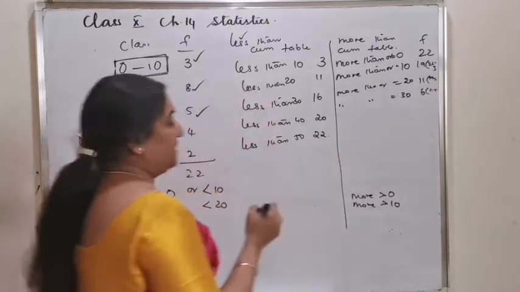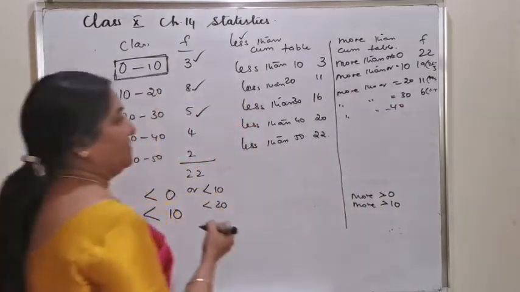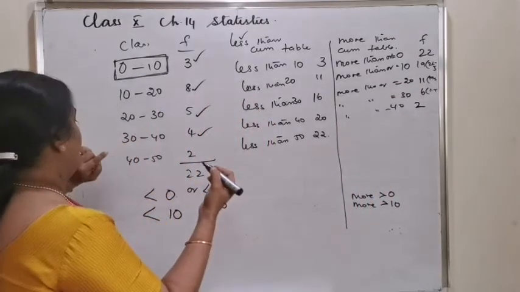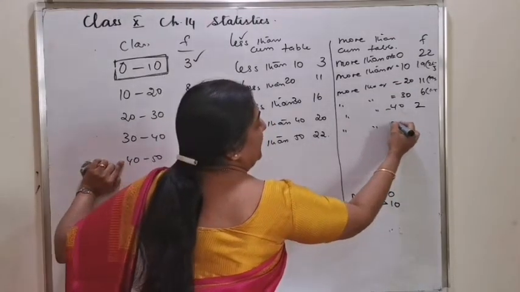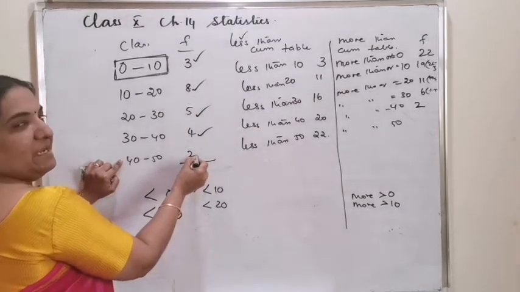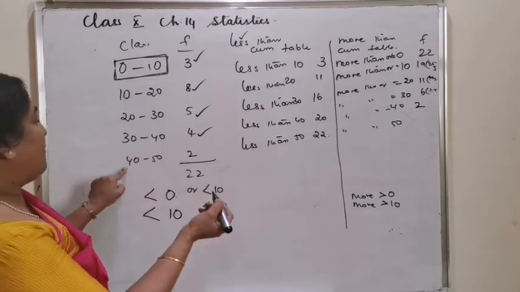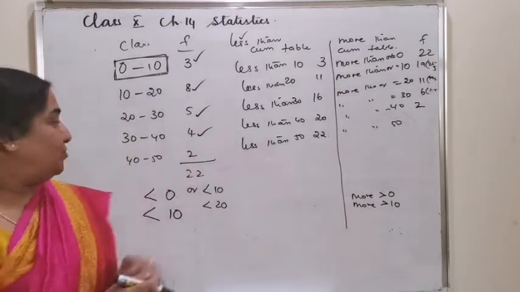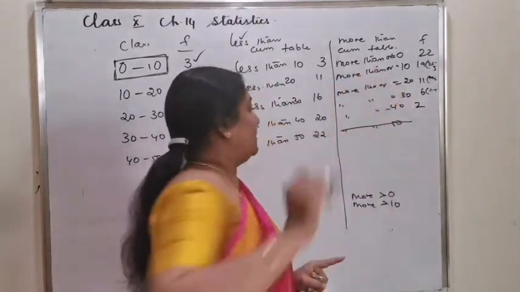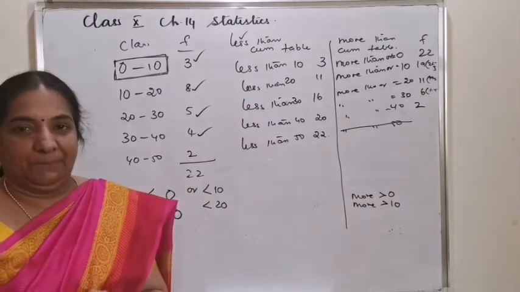More than or equal to 40, which is equal to 6 minus 4, 2. And more than or equal to 50. You can see here, more than or equal to 50 means it is 2 minus 2, 0. We don't have to write it because 40 to 50 there are only 2. More than or equal to 50, it's understood. So, more than or equal to 40, it is 2, or 2 minus 2, it is matching.